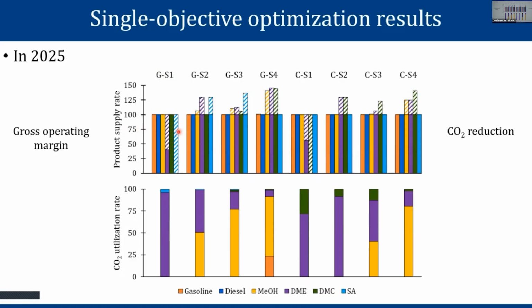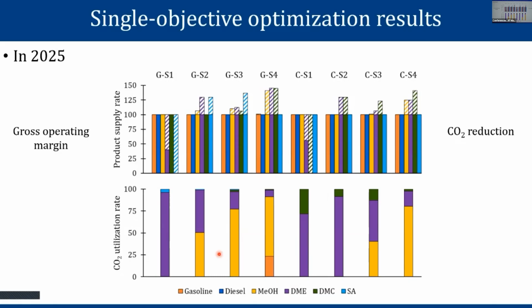So here we can see that for different scenarios, we have quite different optimal product portfolios, and if we are to replace the existing plants with the CCU plants, DME will be the best CCU product to be produced in the calendar year of 2025.